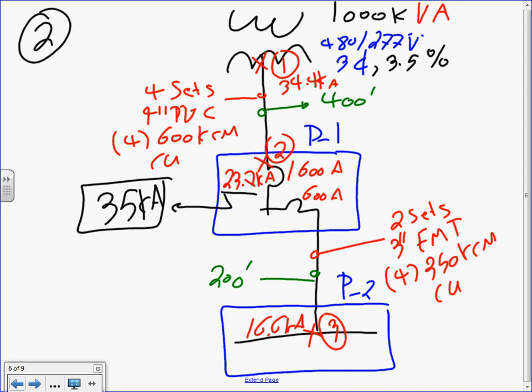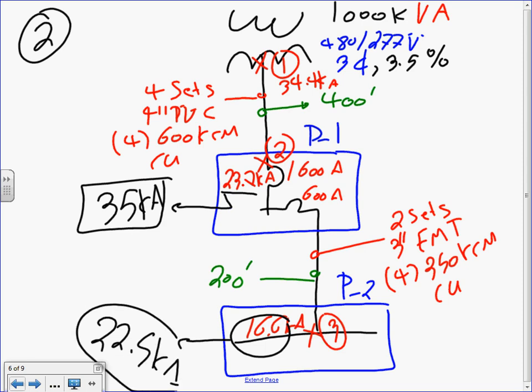Now let's look at this panel here. This is 16.6, right? So based on this, the panel withstand rating can be 22.5 kilo amp. I can use the 22.5 kilo amp here for the 16.